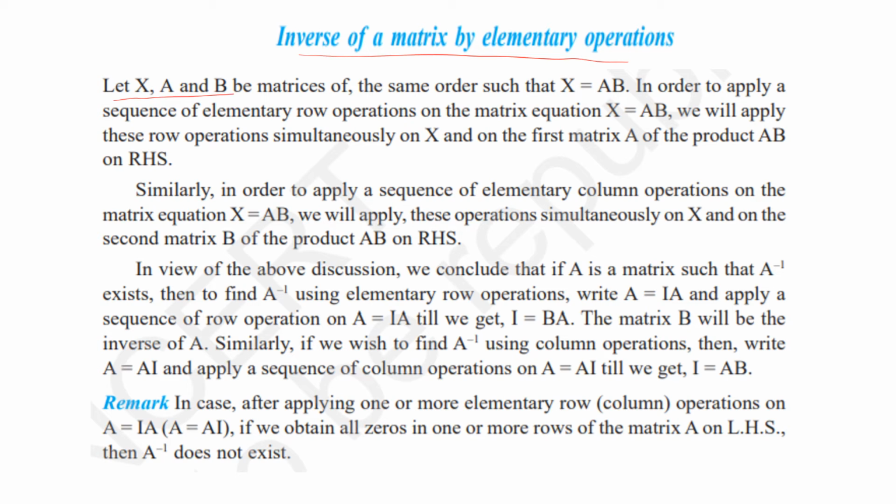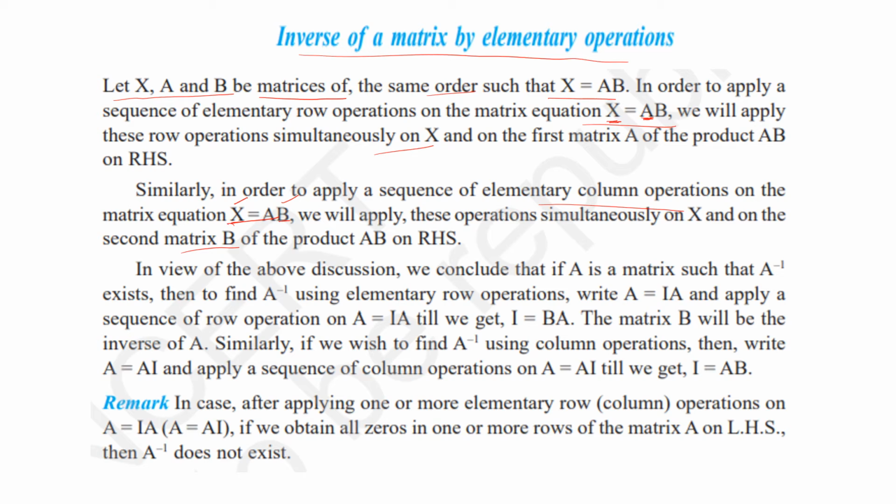Now let X, A and B be matrices of the same order, such that X is equal to the product of A and B. To apply a sequence of elementary row operations on the matrix equation X equal to AB, we apply these row operations simultaneously on X and on the first matrix A of the product AB on the right hand side. Similarly, to apply elementary column operations on X equal to AB, we apply these operations simultaneously on X and on the second matrix B of this product AB.